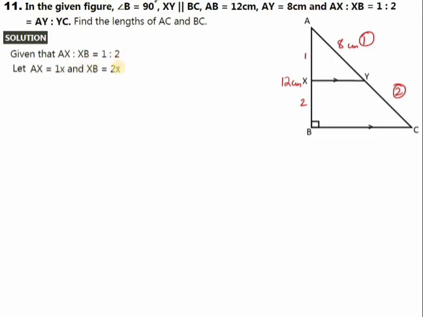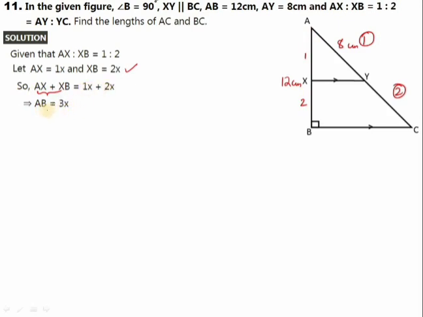Okay. So then see, AX plus XB will be how much? AX is x, XB is 2x. You have just taken the assumption out here. So when you add them up, how much do you get? AX plus XB gives you AB, isn't it? So that's why in place of this I have written AB, and 1x plus 2x is 3x.